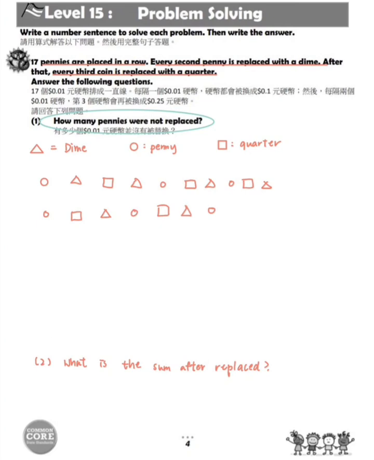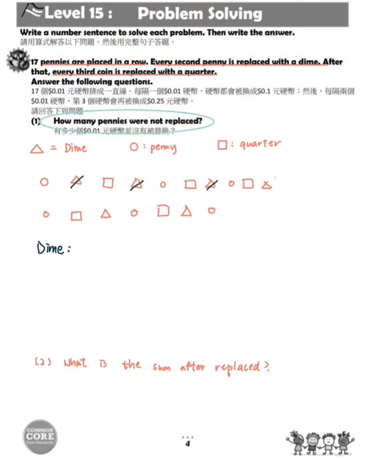And now here is what we have. And now let's count how many dimes we have. Let's count how many triangles we have.